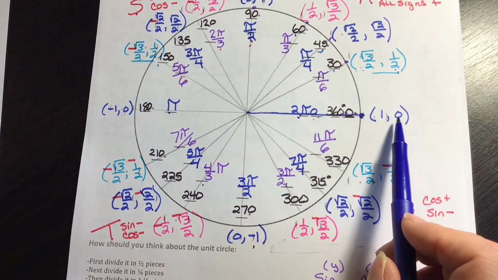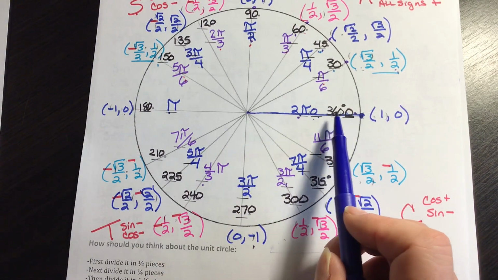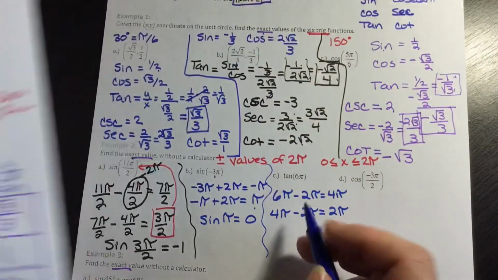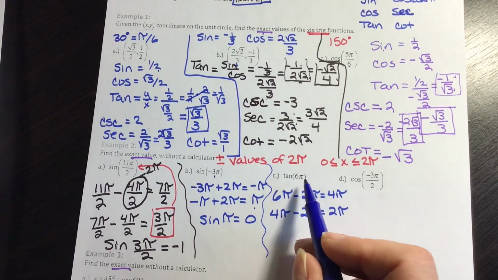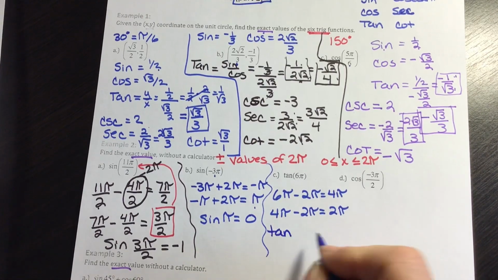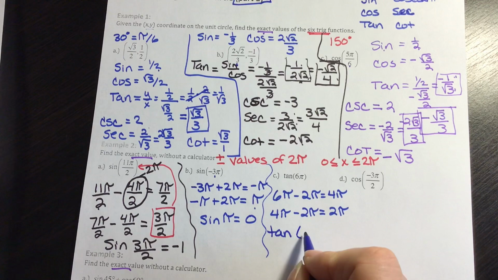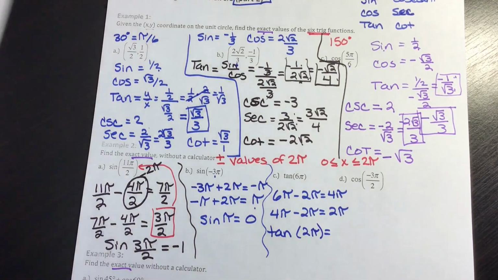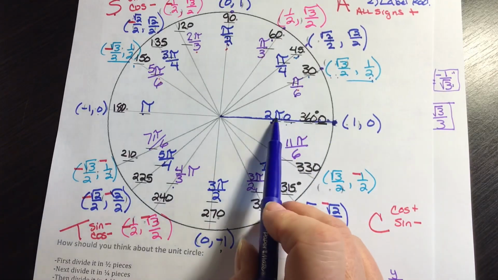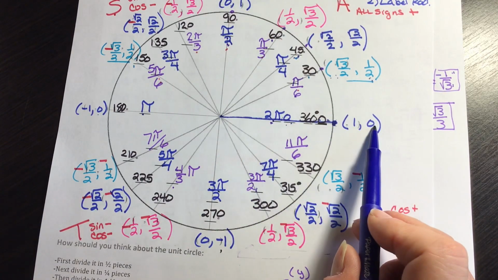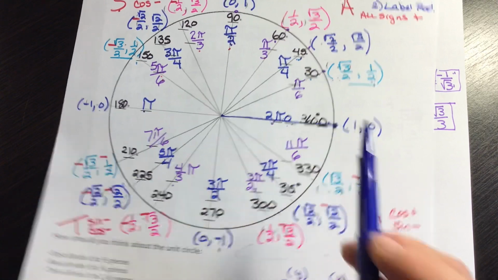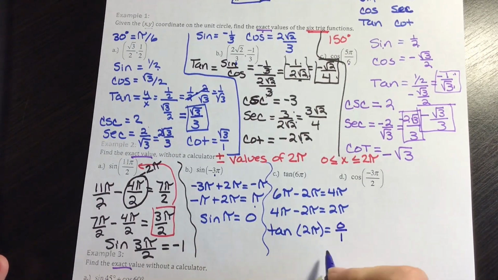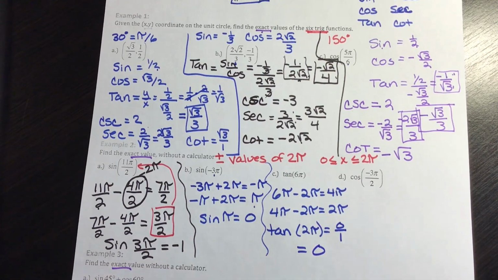So this is a 0 or 360 degrees angle. So we want to find tangent of 2 pi. Now remember, tangent is sine over cosine. So for 2 pi, my sine value is 0 and my cosine value is 1, and that's going to be 0.